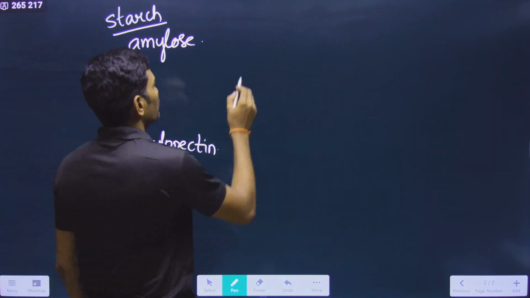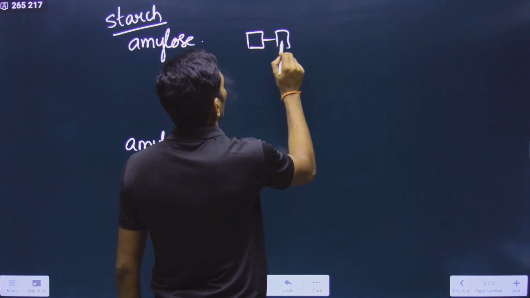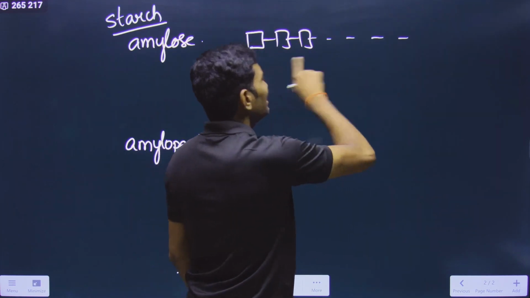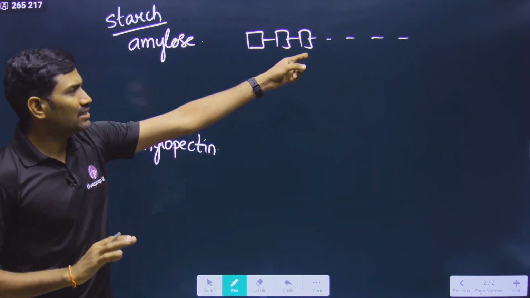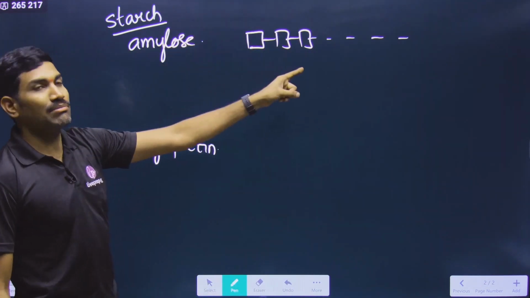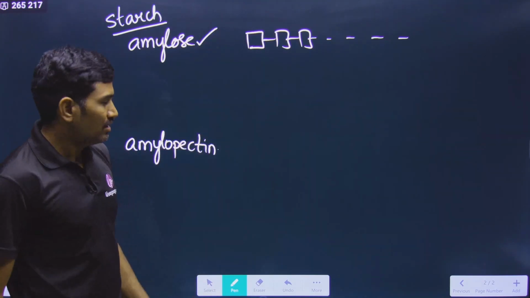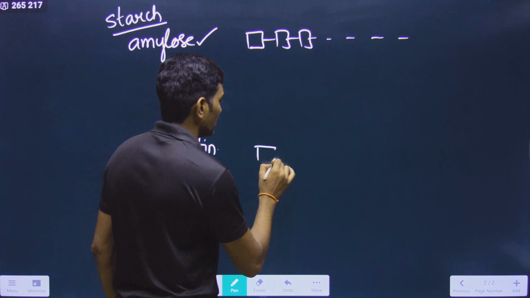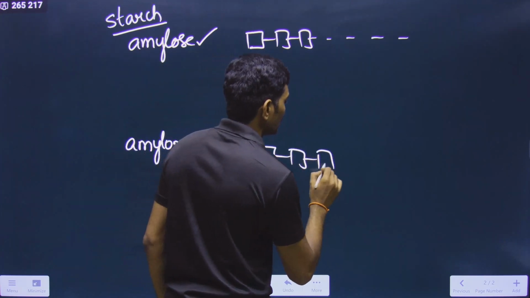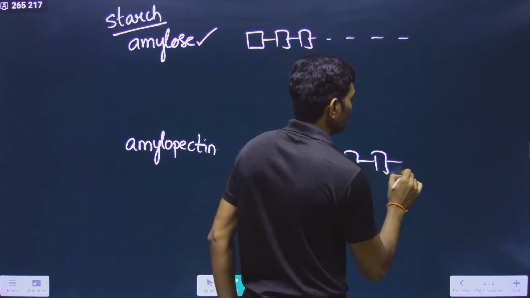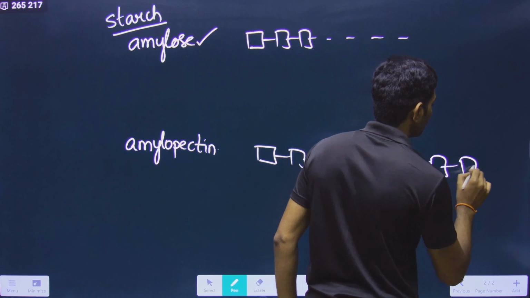In the case of amylose, suppose this is glucose. Likewise, they are present linearly. That's it. Here there is no branching, so it is unbranched. The unbranched form is called amylose. Whereas in the case of amylopectin, there are some linear chains present. I am drawing a rough diagram randomly. Observe carefully.